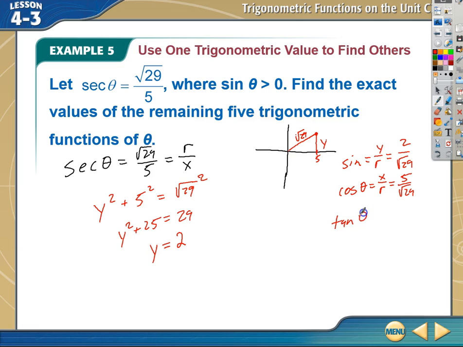And tangent of theta is equal to y over x, which is equal to 2 over 5. And you can get the other two from there. The other two are cosecant of theta, which is r over y, and cotangent of theta, which is x over y.